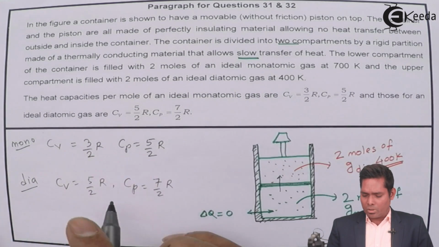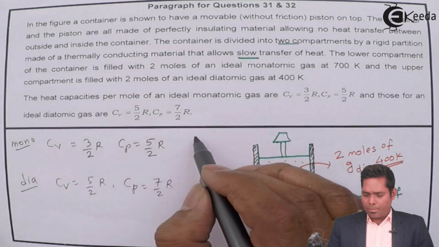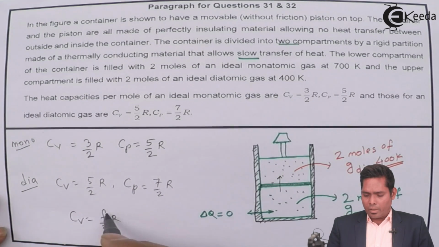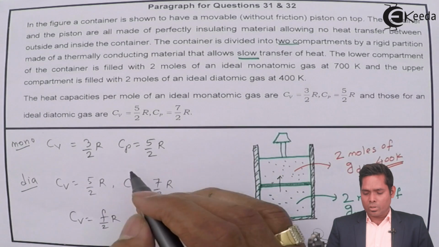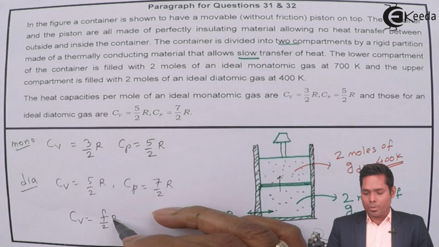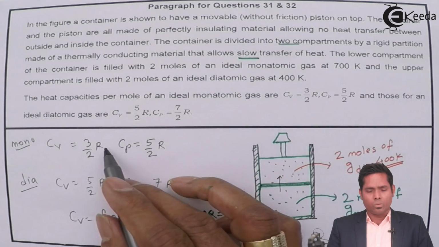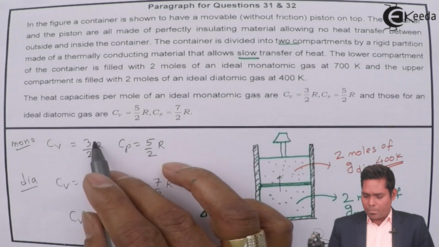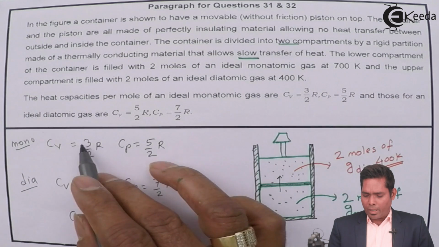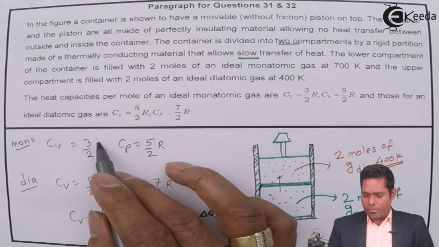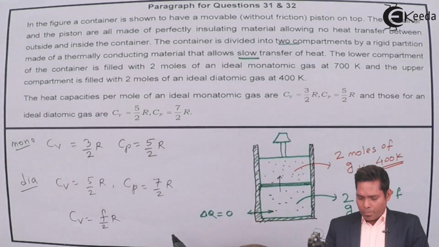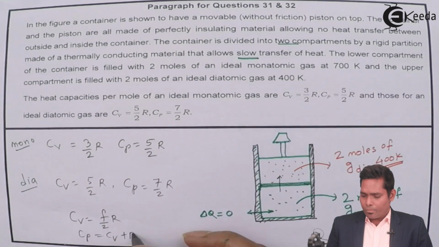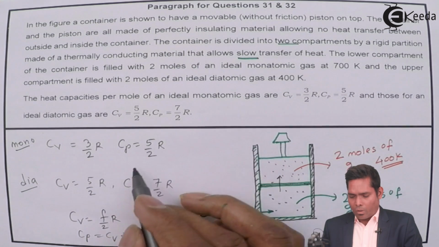For monoatomic it is 3, so 3/2 R, and Cp is Cv plus R, so 3/2 R plus R is 5/2 R. Cp minus Cv is R, so if I add R to this value I will get that value. So based on these 2 formulas, they have given us this. Now we will solve the question.